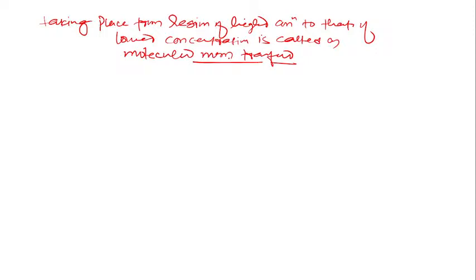Clear to you? Otherwise, everywhere the random motion of molecules is there. But suppose you have burned an agarbatti in a corner of the room, the molecules of the agarbatti will get random movement because of their thermal energy, some temperature is there, no?